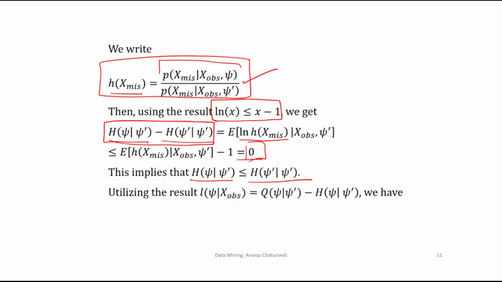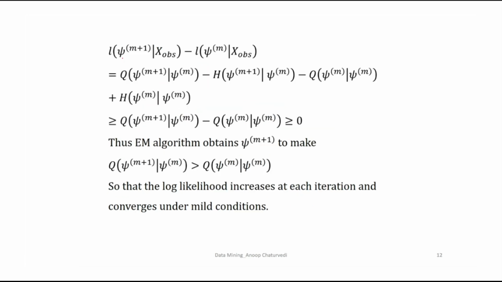Now utilizing the result that L(psi given x observed) is equal to Q(psi given psi dash) minus H(psi given psi dash), we have L(psi m plus 1 given x observed) minus L(psi m given x observed), and then we write the values of these two expressions here in terms of Q and H. So we get Q(psi m plus 1 given psi m) minus H(psi m plus 1 given psi m) minus Q(psi m given psi m) plus H(psi m given psi m).